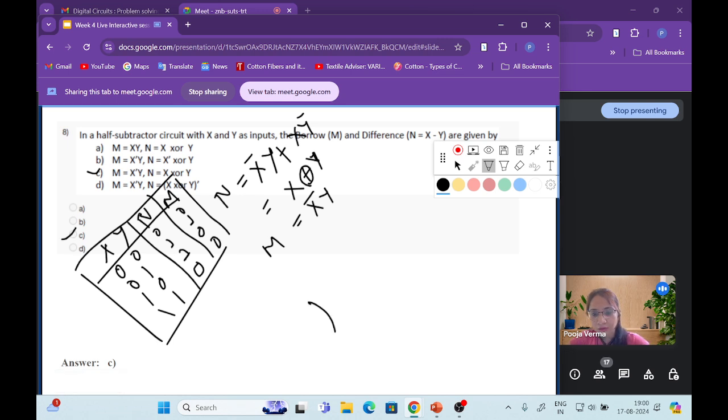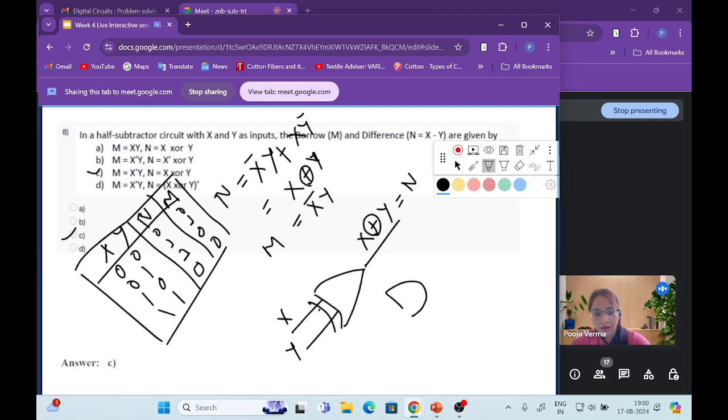And the circuit diagram representation of the half subtractor: x and y go into an XOR gate, and this is the difference.